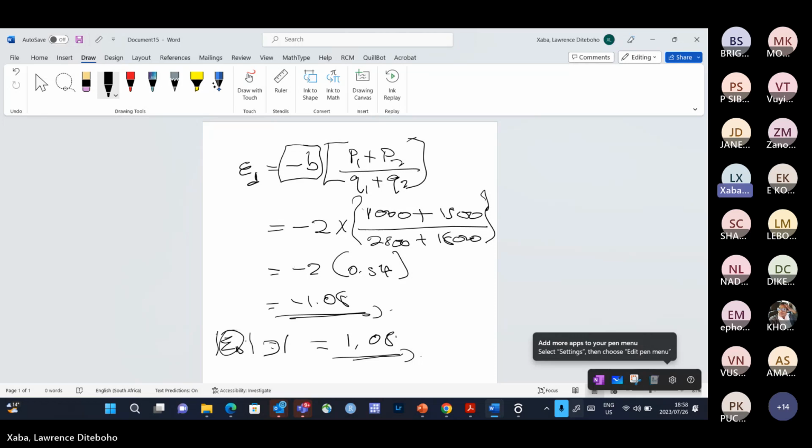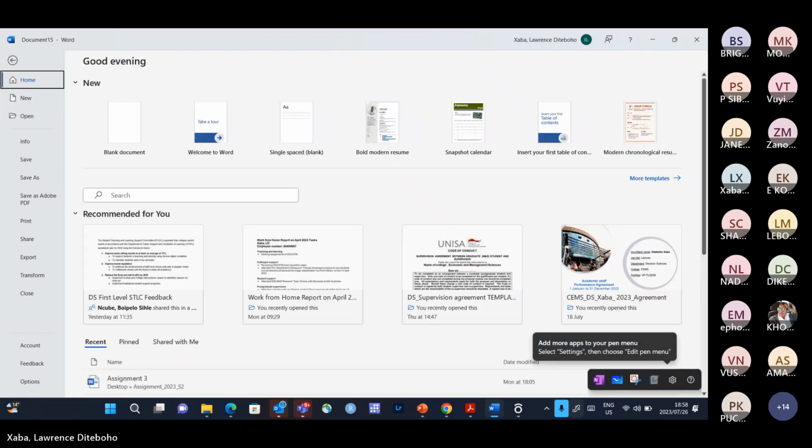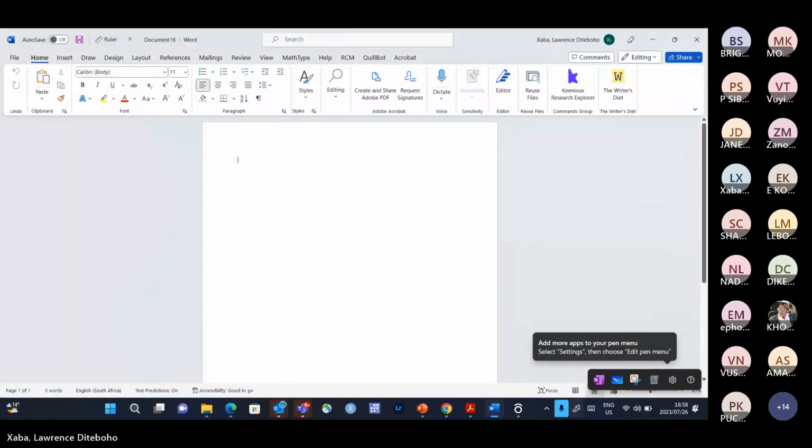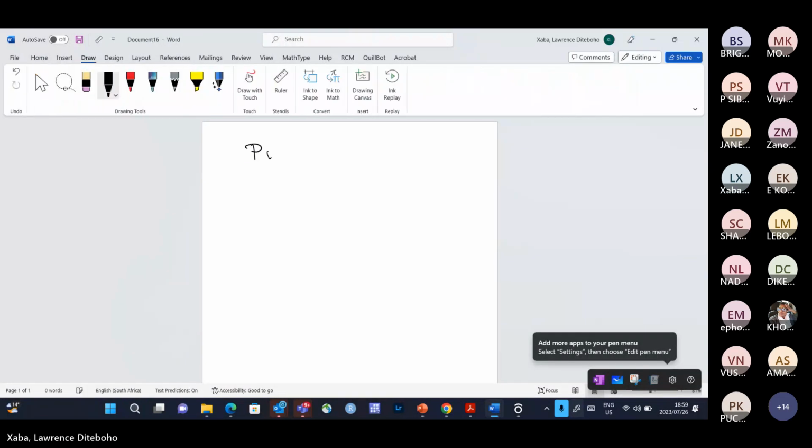Elasticity of demand. Now let's go to the price elasticity of supply.